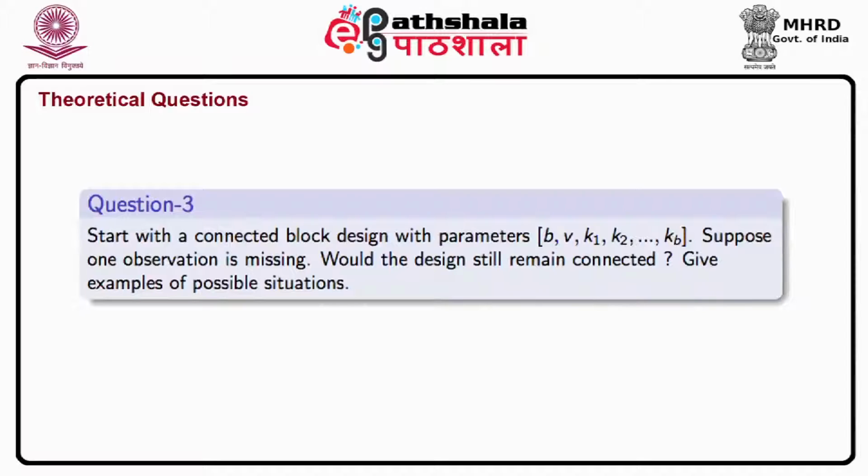Would the design still remain connected? Give examples of possible situations. The answer is yes or no. It will remain connected or it will not remain connected. There cannot be any third option. So give an example where it will be connected. Give an example where it will not be connected, even with one observation missing. These are the two cases you are supposed to take up.